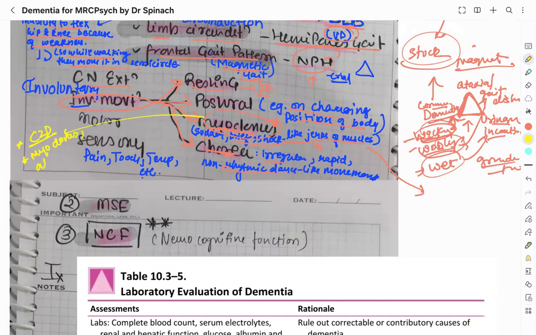And other dementias like Alzheimer's, dementia with Lewy body, frontotemporal. Mainly CJD and then other neurological causes.